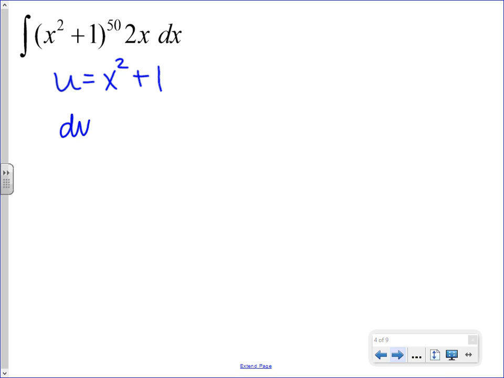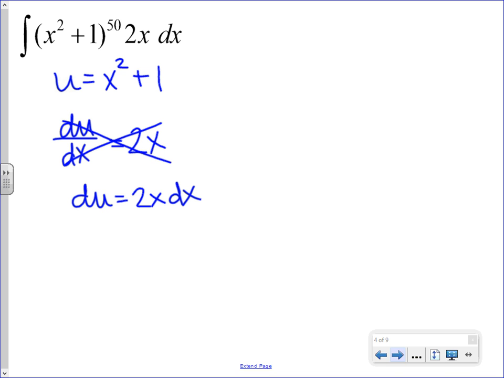Don't write this down with me. We're taking the derivative of u with respect to x, and it is 2x, right? When we talk about differentials, we can basically separate the du and the dx to two separate sides. Okay? We've done this once.